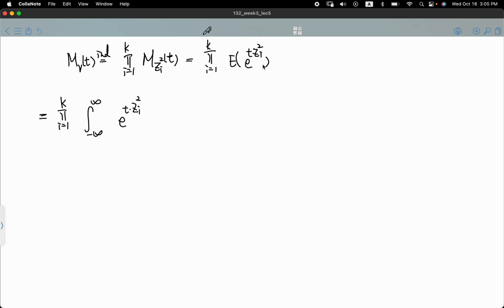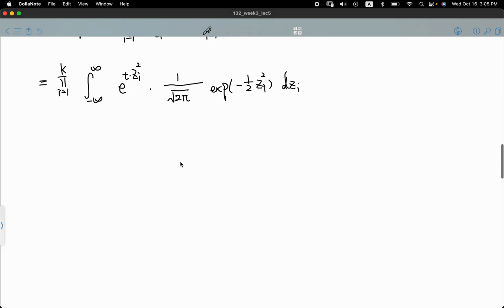And then zi is the standard normal, so we will have the following density function when we're calculating this expectation. So 1/2 zi squared, and then dzi. Okay, so that is the expected value or the moment generating function for zi squared.